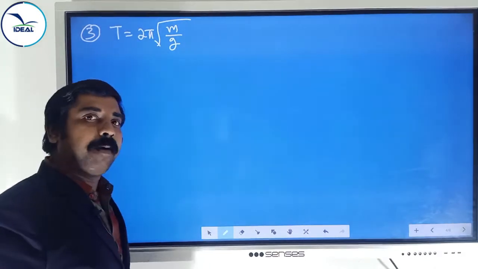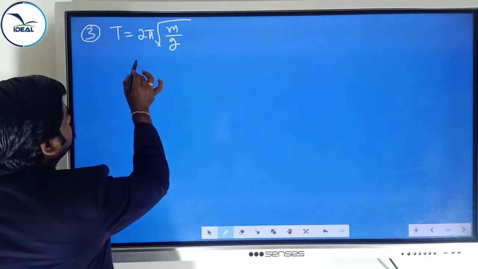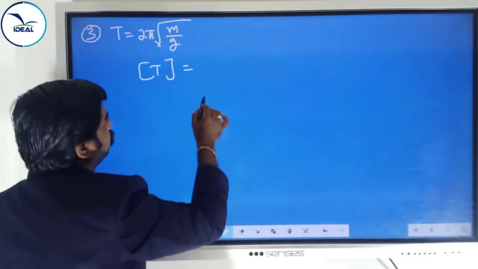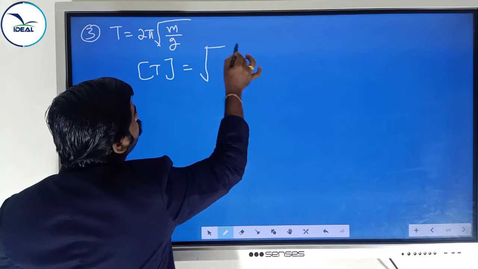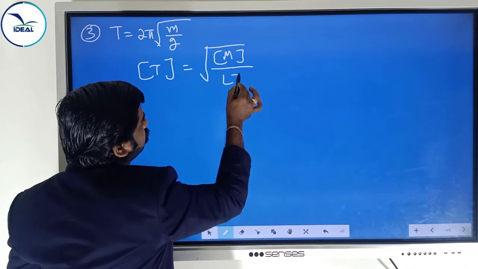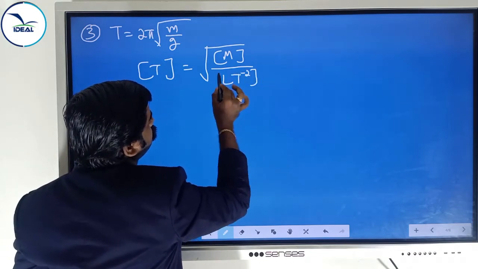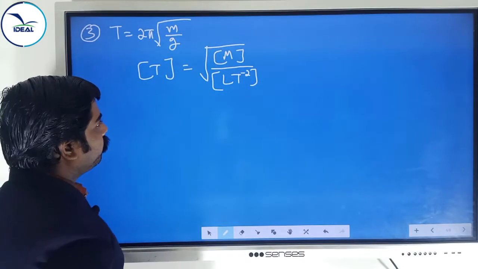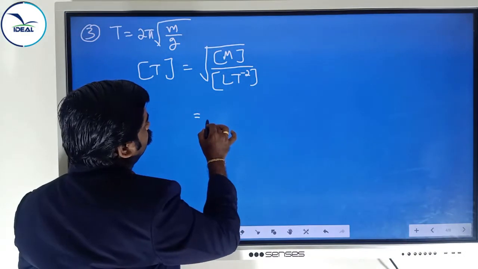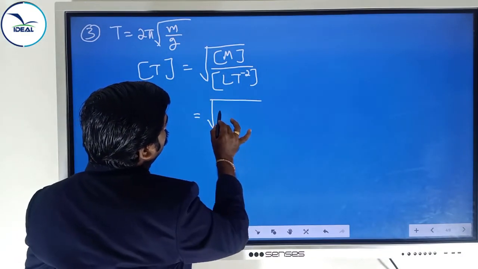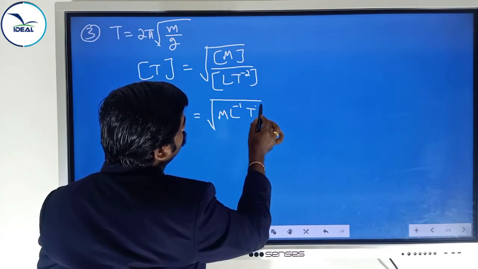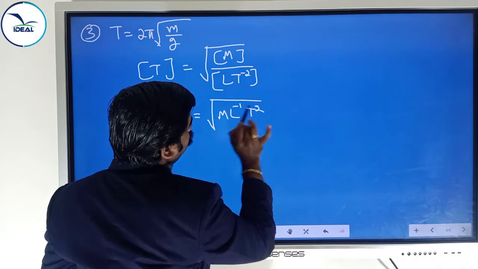T equal to 2 pi root m by g. So the dimension of T equal to, we don't consider 2 pi, so that is equal to root of the dimension of m, capital M, by the dimension of g, LT raised to minus 2. Then what we will get is root of M L raised to minus 1 T raised to 2.